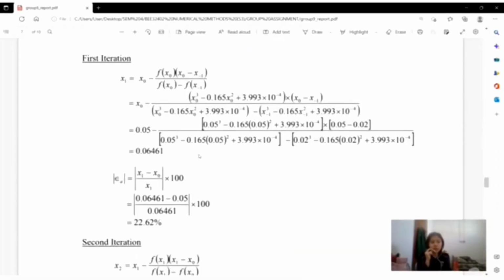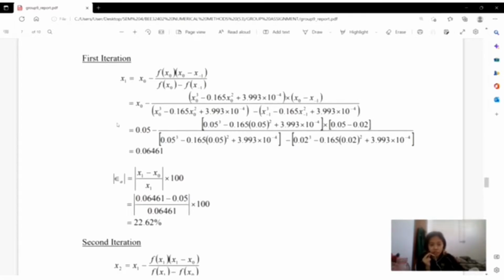Now I will show you the manual calculation of our project. We will use the formula that we have derived just now. For the secant method, we will do a few iterations until the absolute relative approximate error is less than 5%.